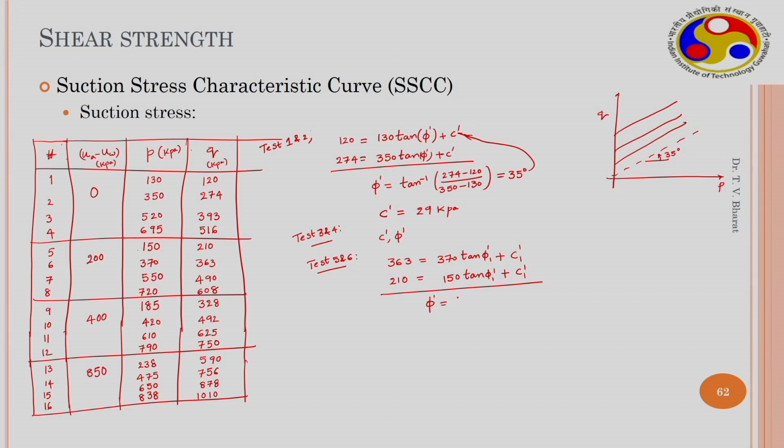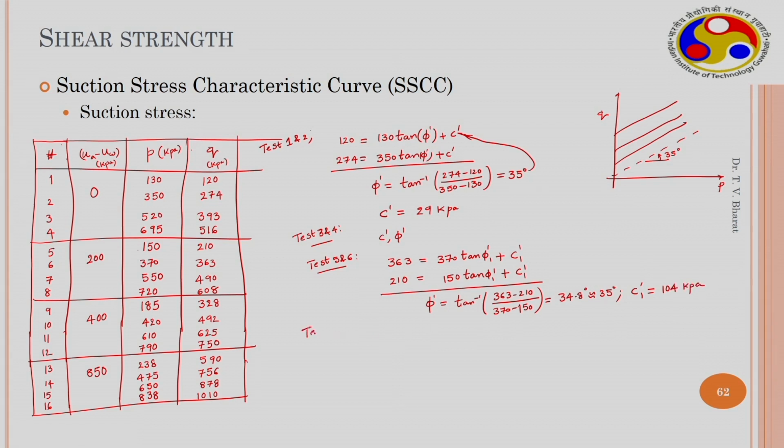When you solve this, phi 1 dash is equal to tan inverse of this, which is equal to 34.8 degrees, which is nearly equal to phi dash, that is 35 degrees. When you substitute into the above equations, you get C1 dash as 104 kilopascal.